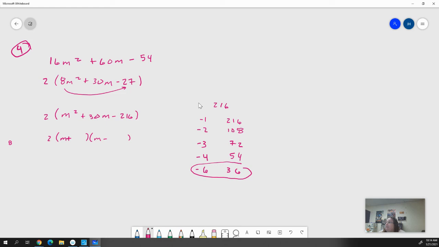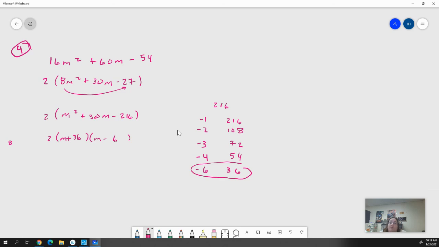So here at my negative, I'm going to put in 6. Here at the positive, I'm going to put in 36. What do I have to divide those by to get the actual factors? What did I factor out in the beginning?